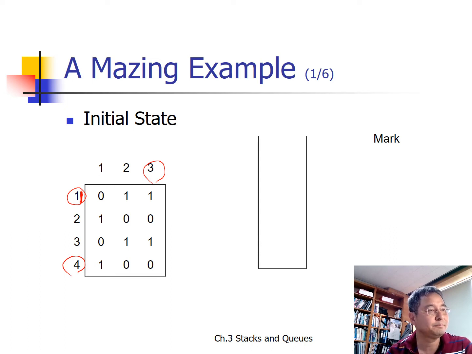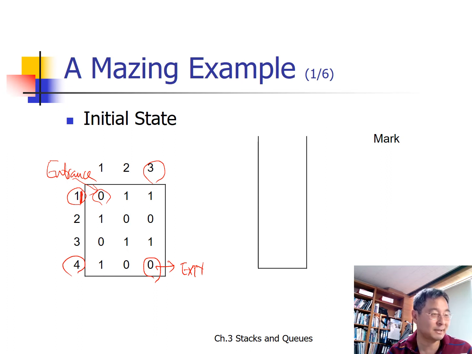And this one is the entrance, and this one is the exit. So we must find the through path from this entrance to this exit. Can you find it by hand here?